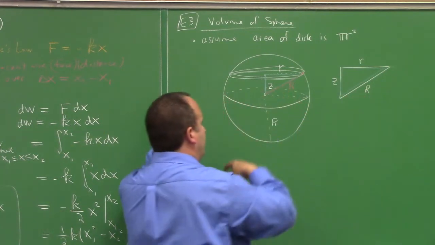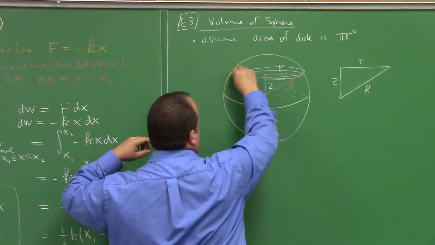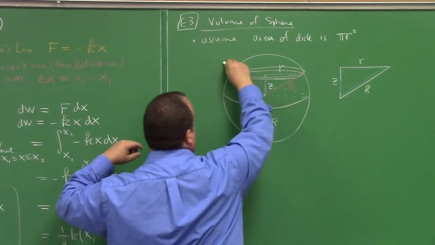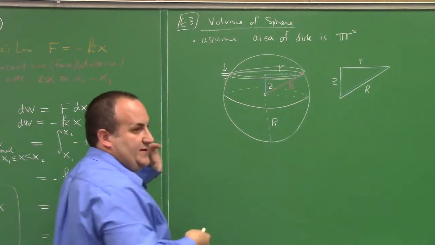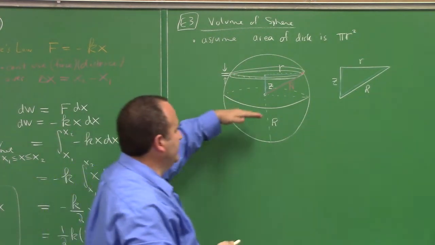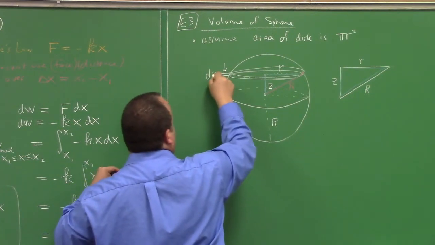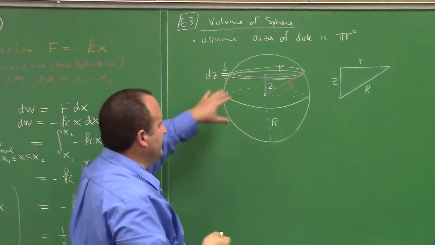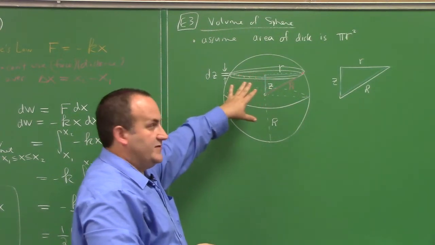Now, what would the thickness of this disk be? How thick is it? Well, I'm imagining an infinitesimal disk, so I would say it's a little bit of z. So this would be dz. What's the volume of that slice of the sphere?